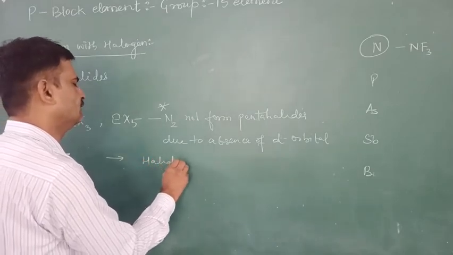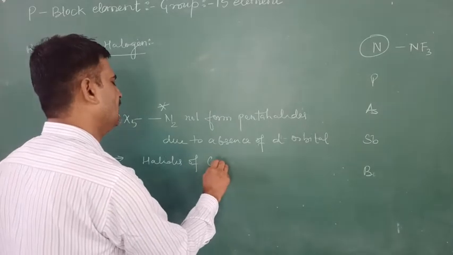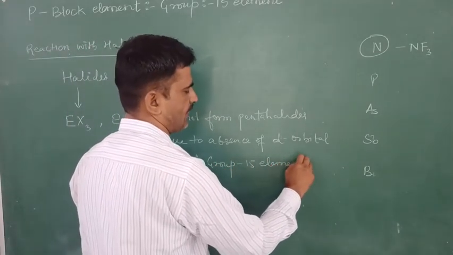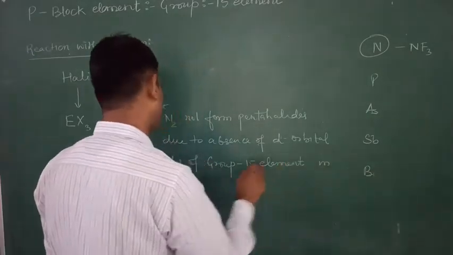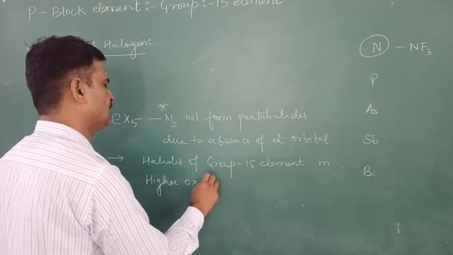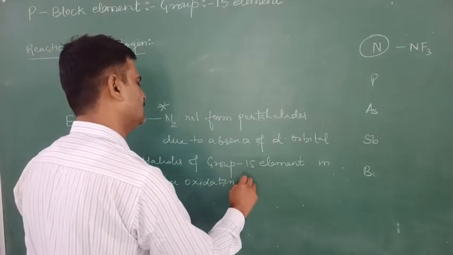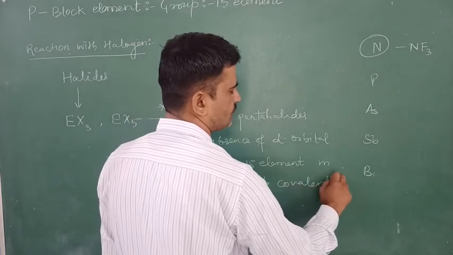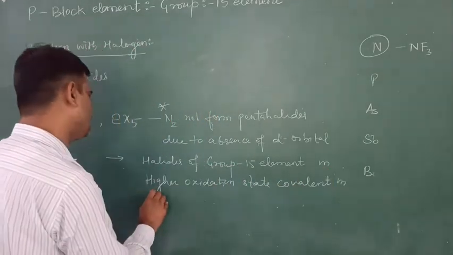Halides of group 15 elements in higher oxidation states are covalent in nature. Why are they covalent in nature?